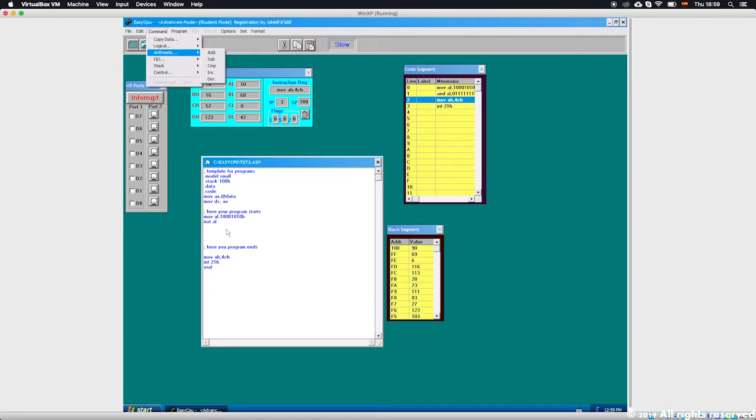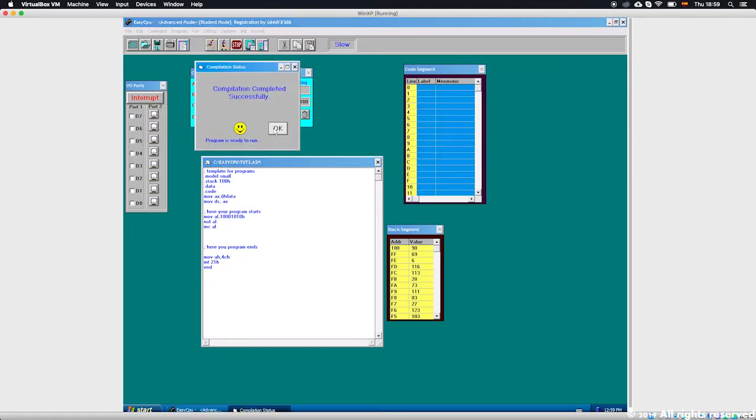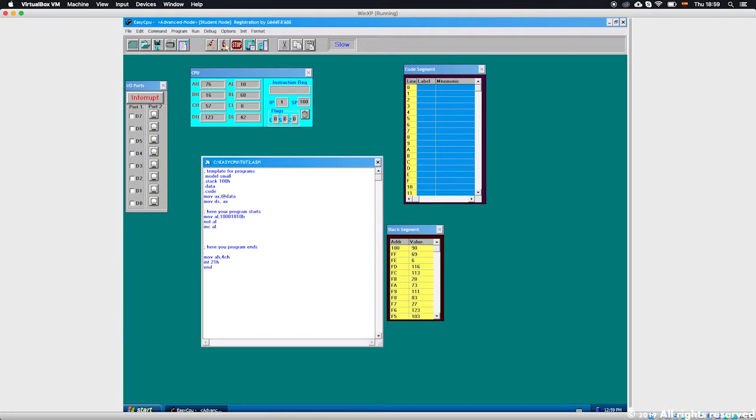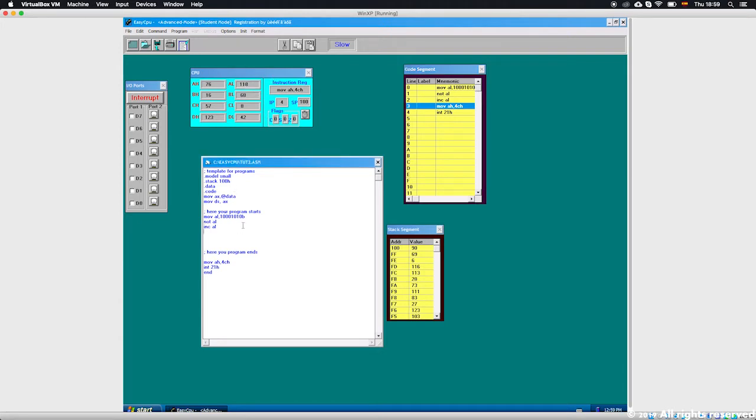We increase the number by 1. Let me be sure, yes. And eventually we will have the positive representation of the negative number.